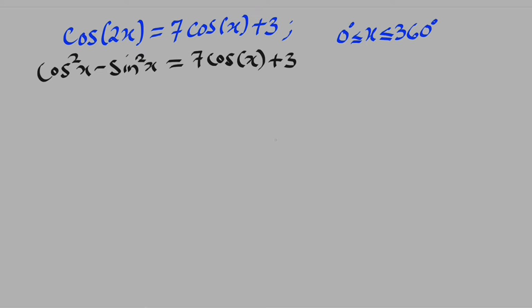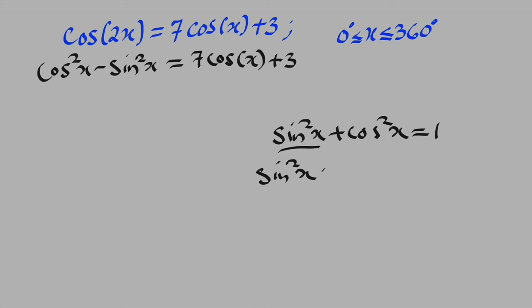But remember this identity, sine squared x plus cos squared x is equal to 1. We can write sine x in terms of cos x. Therefore, sine squared x will be equal to 1 minus cos squared x.